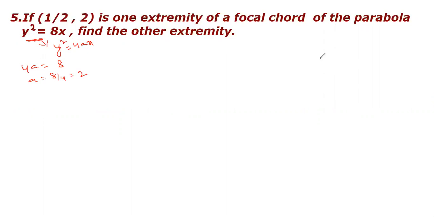Now here, the focal distance is not given; one point is given. What is given? 1 by 2 comma 2 is given.